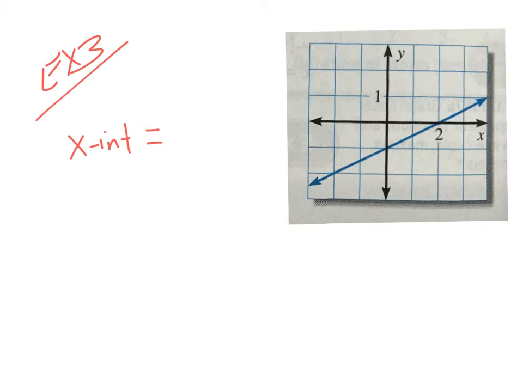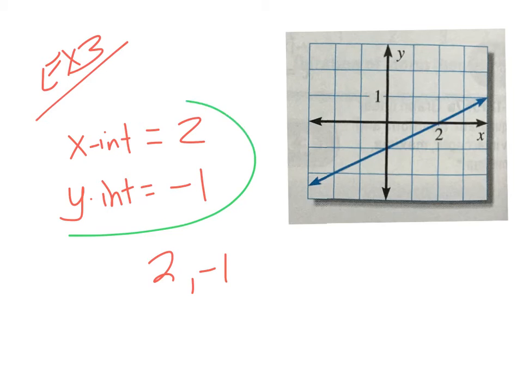Does everybody agree with him? And then what is the y-intercept? -1. Again, does everybody agree with him? You are correct. So you can either write it like I've written it, x-intercept equals 2, y-intercept equals -1, or I could have written it (2, -1). When it's just asking you to write the intercepts, this is the better answer. It's a little more formal. This is not wrong.